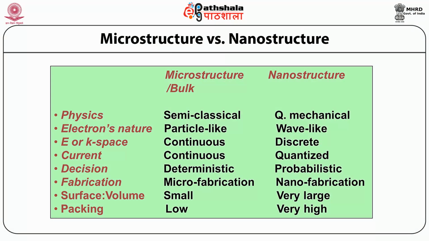Let us now compare microstructure versus nanostructure. In the case of microstructure, we apply semi-classical physics, and in the case of nanostructure, we apply quantum mechanical concepts. Electron's nature is particle-like in microstructure and wave-like in nanostructure.